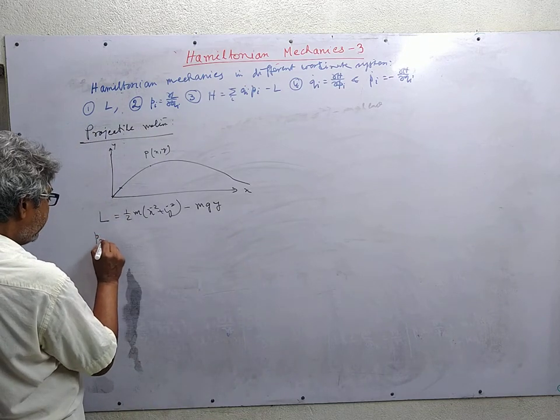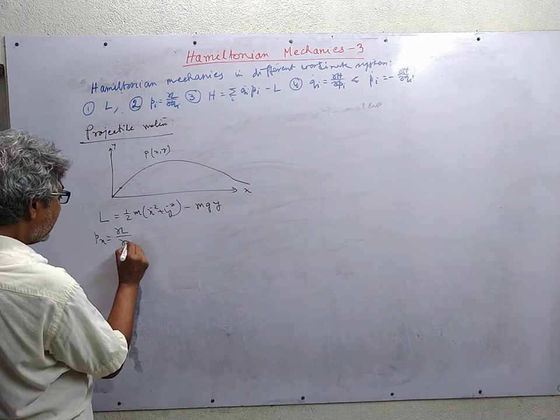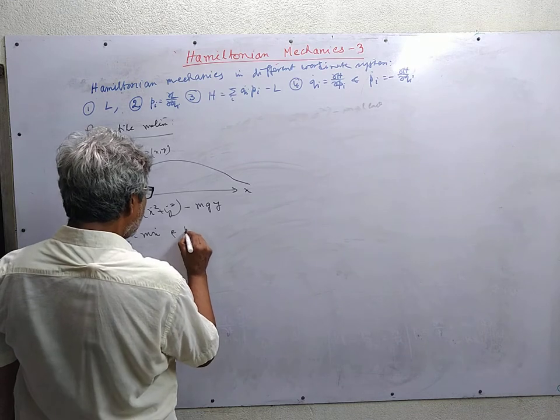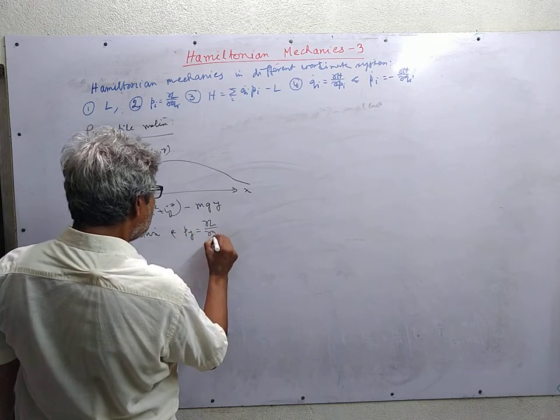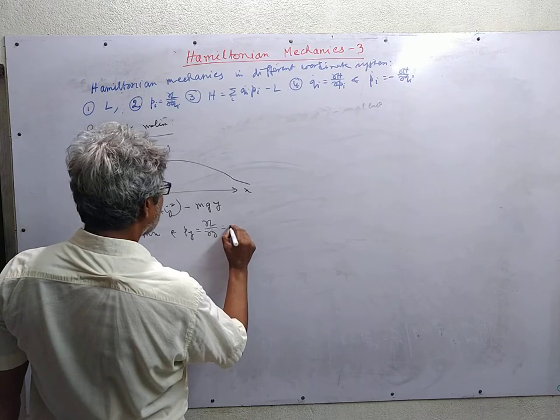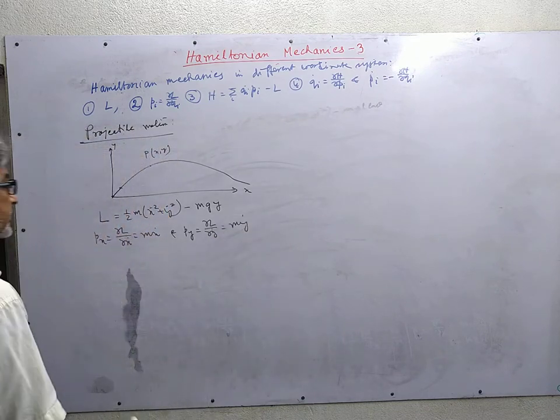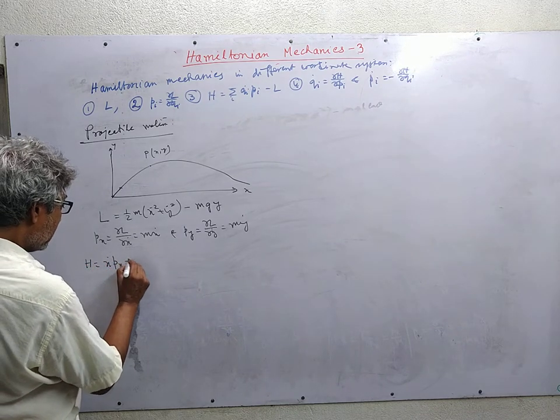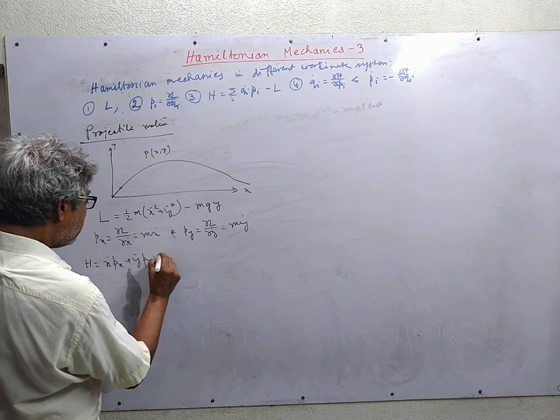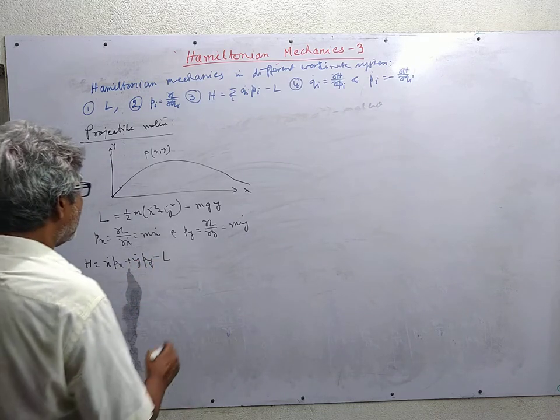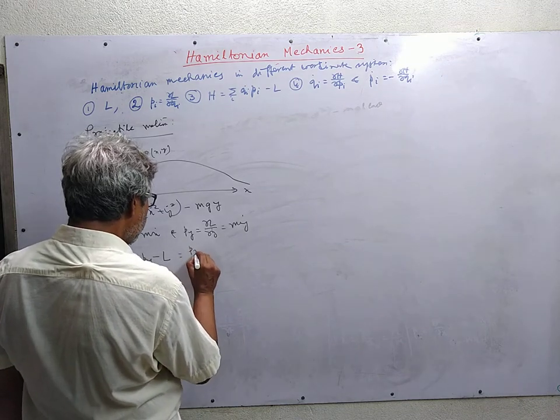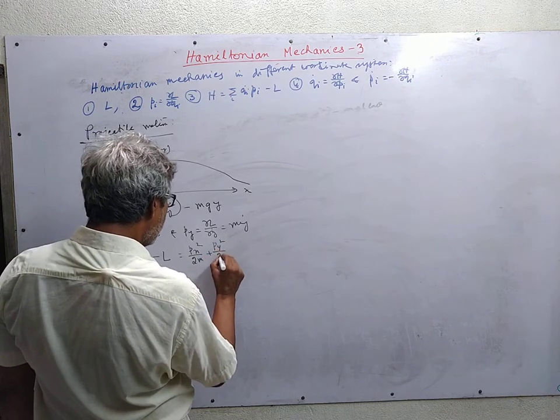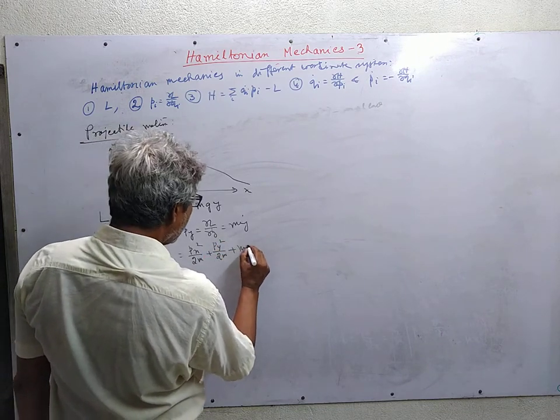So Px is equal to del L del x dot, which is m x dot, and Py is del L del y dot, which is m y dot. So the Hamiltonian H is x dot Px plus y dot Py minus L, which comes out to be Px square by 2m plus Py square upon 2m plus mgy.